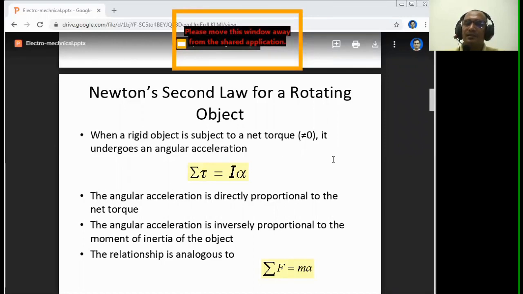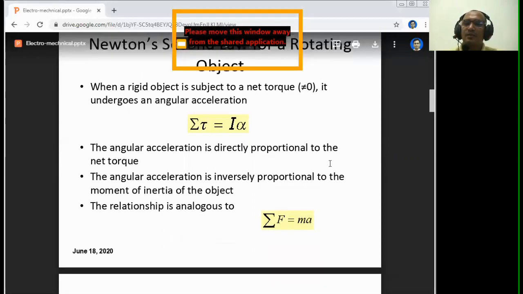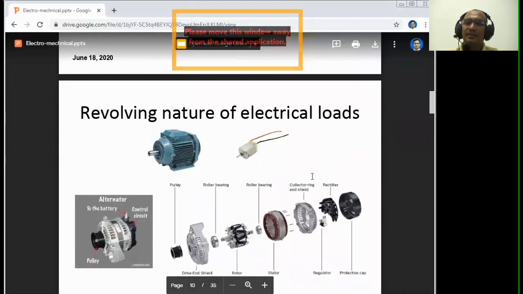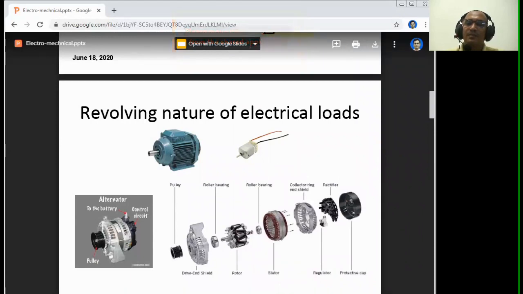In that sense, the moment of inertia is a very significant factor in rotational loads in electrical systems. You can see the different electrical loads here: the motor, AC motor, DC motor, and rotor, and different segments of the rotor.